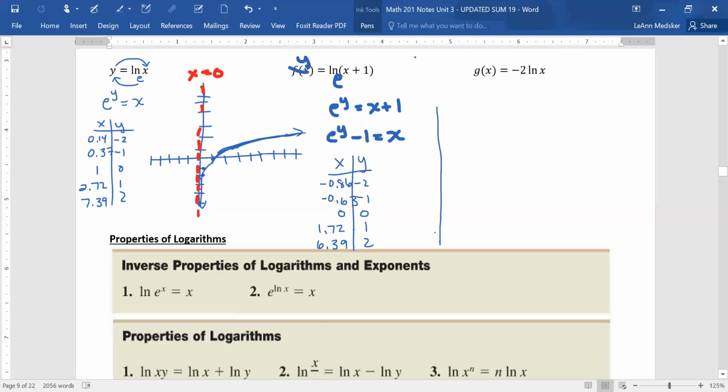So notice these are all shifting to the left one, which if you remember from transformations of functions, that's what happens when you have something inside your function that's added or subtracted: you shift horizontally.